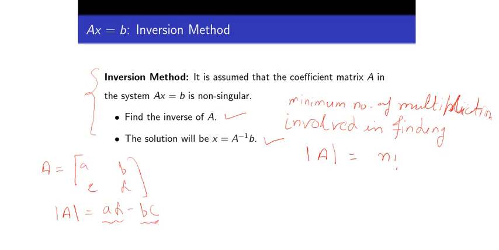So 2 factorial for this 2 cross 2 matrix. For 3 cross 3, what will you have? 3 cross 3: A, B, C, D, E, F, G, H, I.